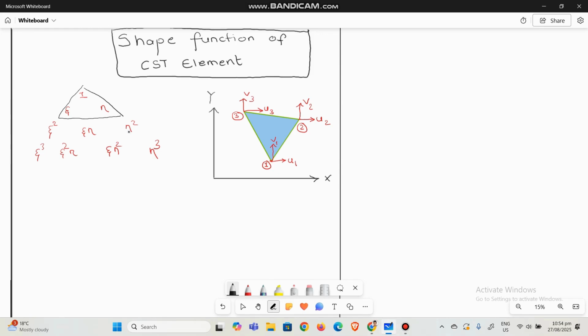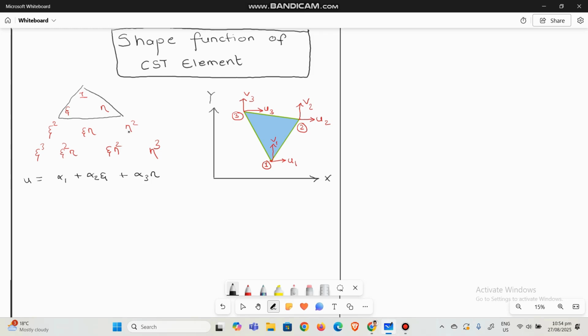Okay. So likewise, if we represent displacement u with respect to these polynomials, then we say alpha 1 times 1 plus alpha 2 xi plus alpha 3 times eta, right?